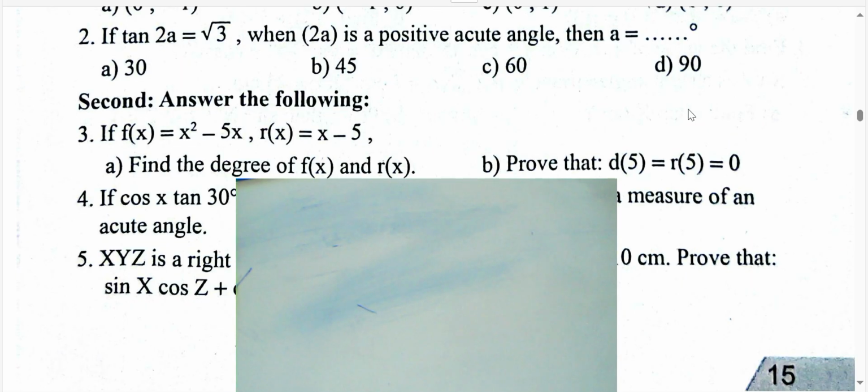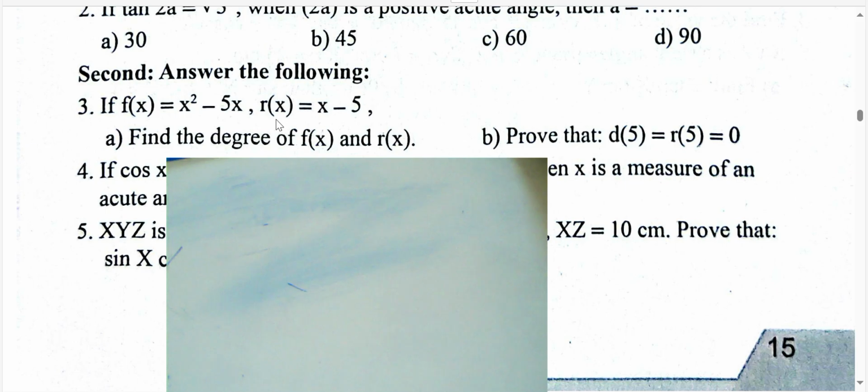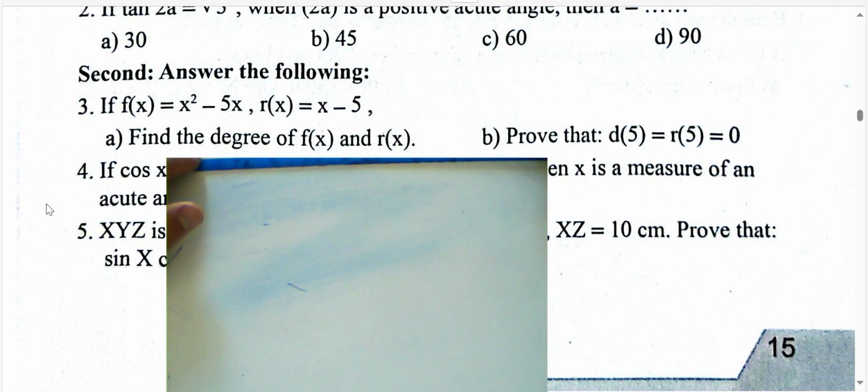Second, if f of x equals x power 2 minus 5x and the function r of x equals x minus 5, find the degree of the functions f of x and r of x. The first is second degree.